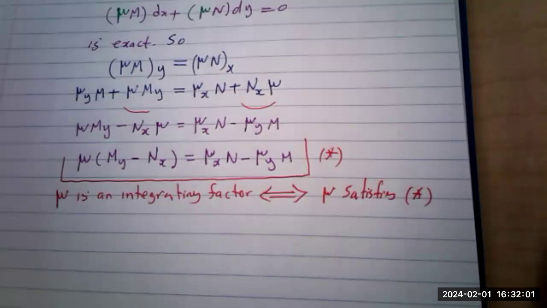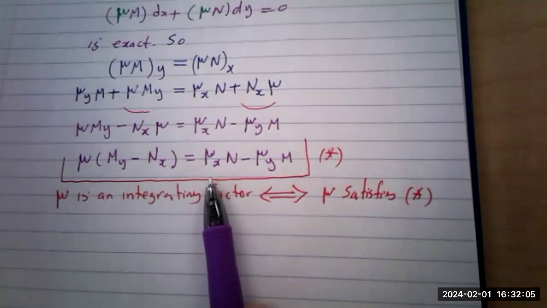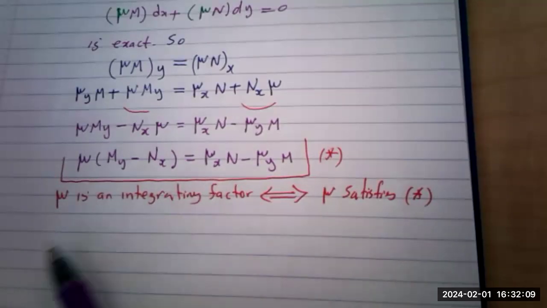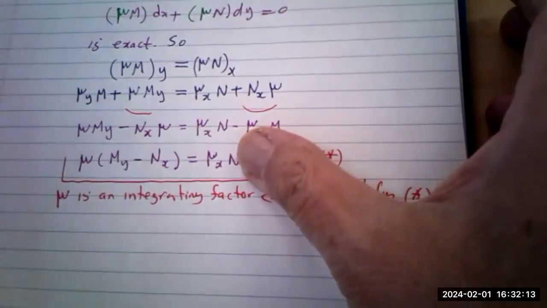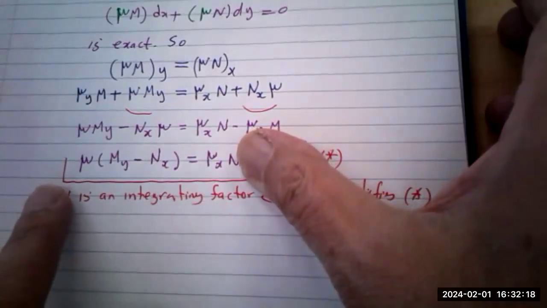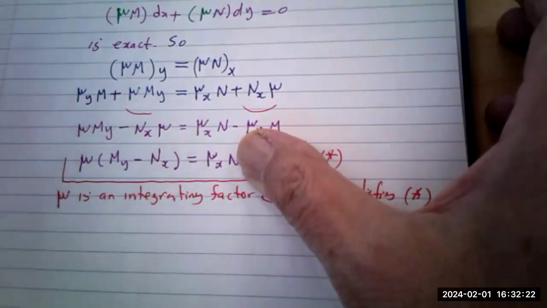Everybody understand the question? If instead of this mu sub x I have mu prime, and I don't have this other term, this equation would be easily solved for mu because it's a separable variable equation.